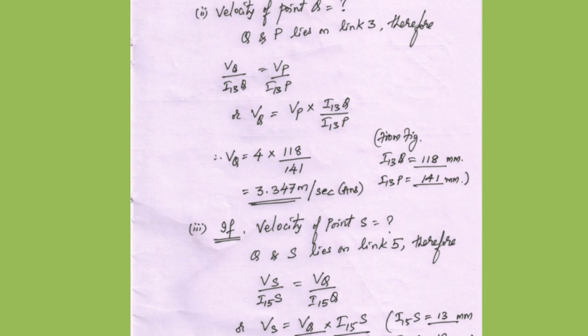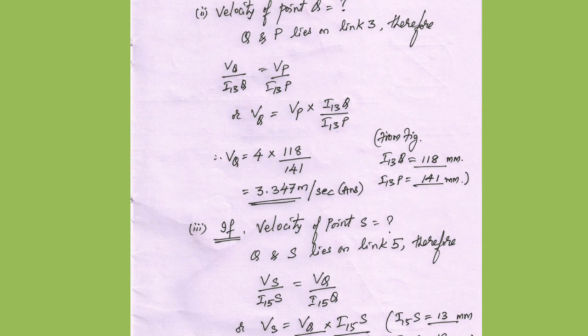After Q, we are slowly moving to the bottom. That is, the velocity of S is asked. For the velocity of S, see, S and Q are lying on link 5. That is the advantage for us. When you have two points on the same link, writing the formula is very easy. VS upon I15S. Why did you write I15?